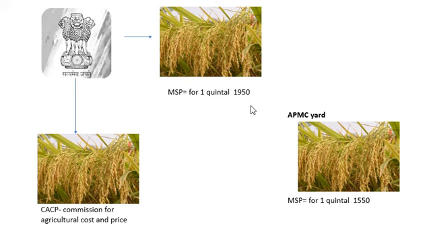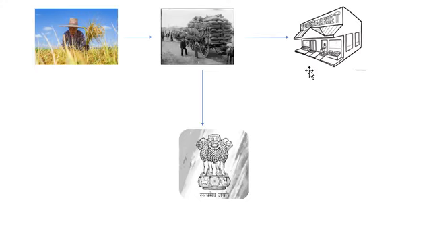So that's why the Government of India thought of a new plan, that farmers can directly sell to the market, or anywhere in the whole country, and it will not be a problem. In this way, the farmers will be able to sell across the whole country and they will get the profit.